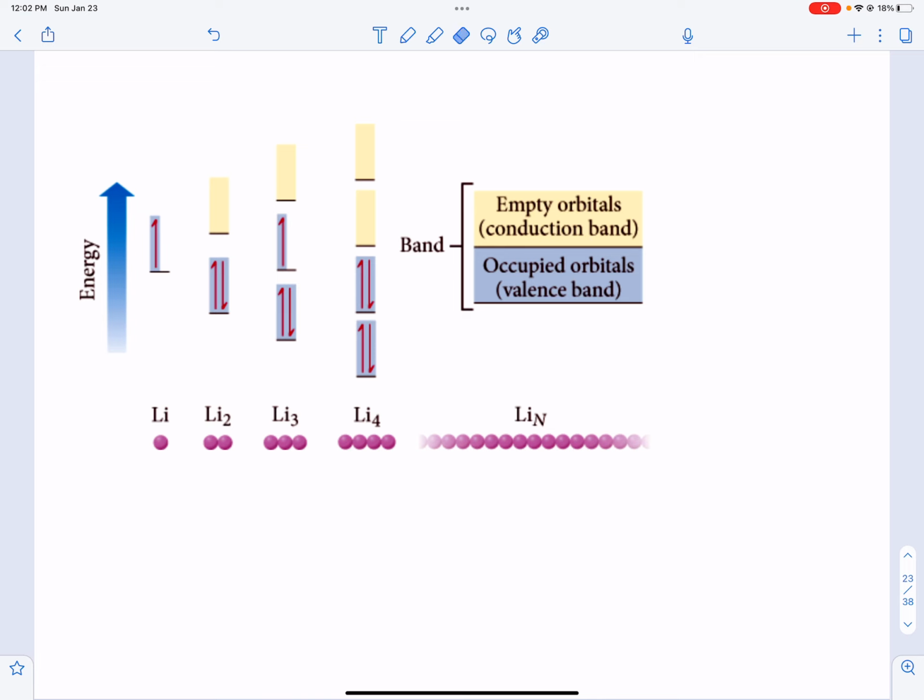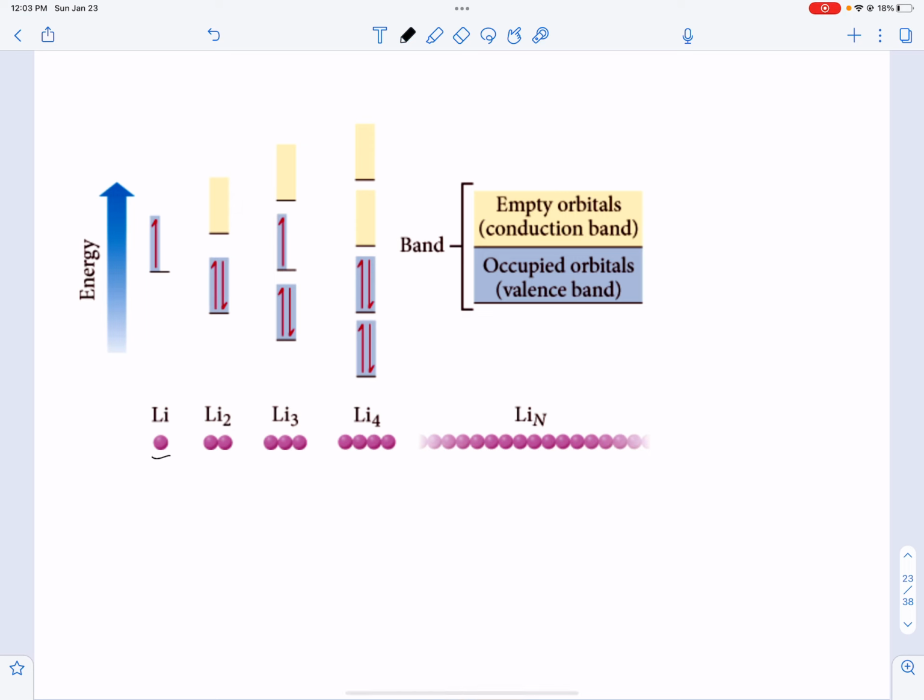So how do we use this in band theory? What is band theory? Well, let's do it with metals, because we're going to be using this a lot. Remember, I told you before that we explained some of the properties of matter by using the sea of electron model that we discussed before, or by using the molecular orbital theory, which we just reviewed. With a metal, let's say that we have a metal by itself, lithium.